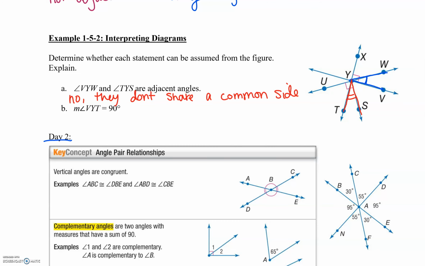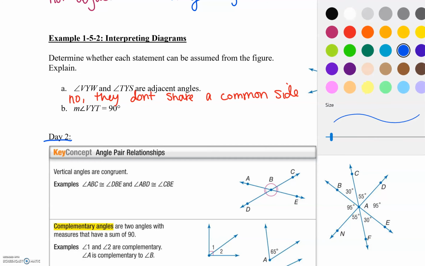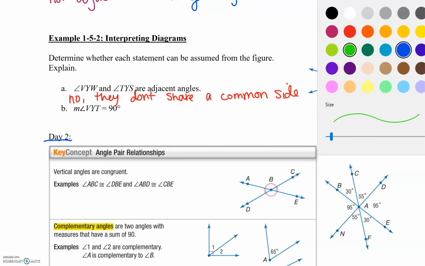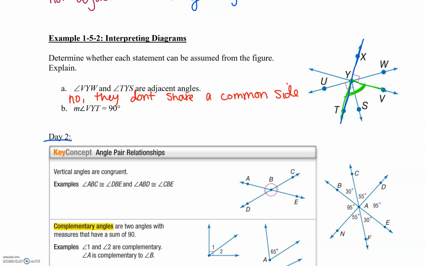Okay, VYT. So let's get rid of our markings here. And then we have VYT, this angle here. Is that 90? Okay, well, let's look at what it would be if we did a line. And it looks like this is 90.